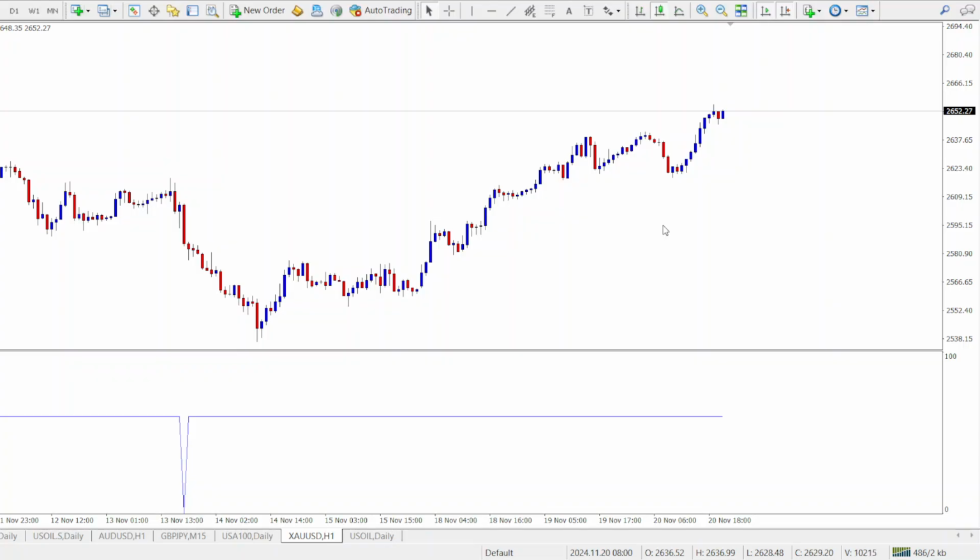When there is a notable change in the direction of a trend, you're going to see a sharp move by the indicator.